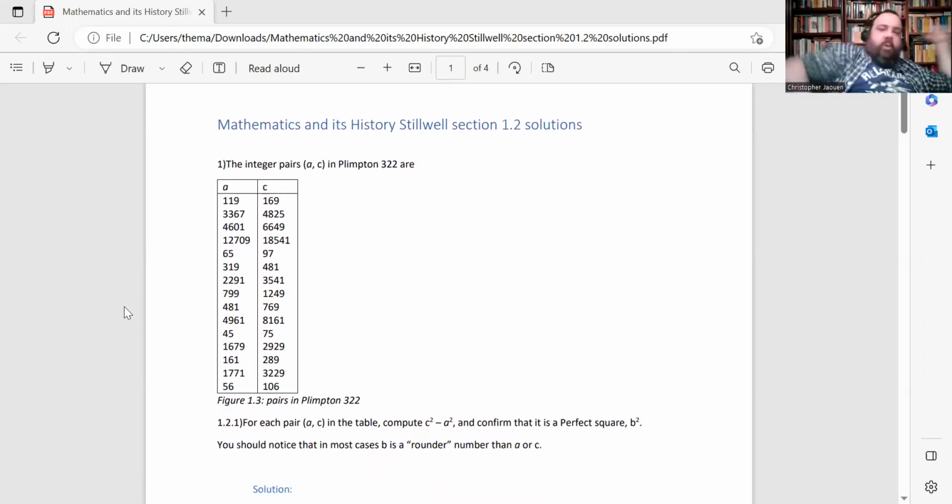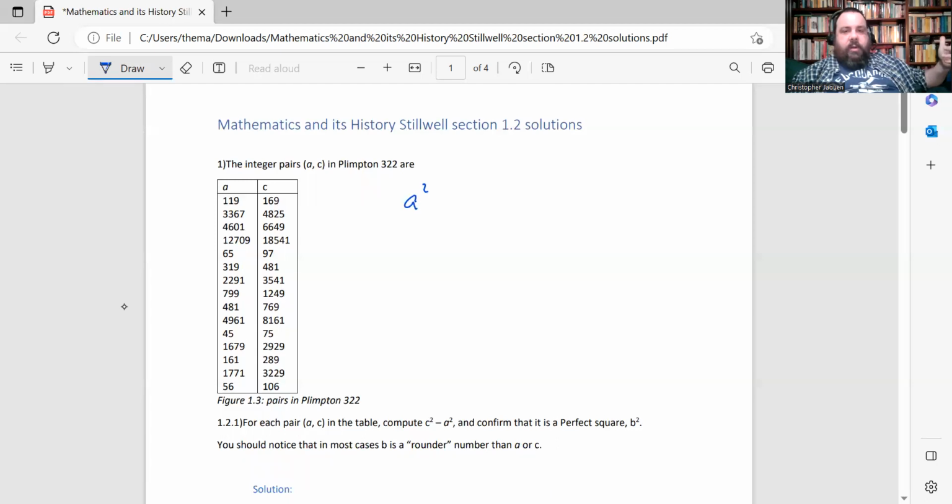So, question number 1 lists the integer pairs a, c in Plimpton 322, which we talked about in the chapter itself. The numbers a are in the first column, the numbers c are in the second column. Just to refresh your memory, this clay tablet purports to give solutions to the Pythagorean theorem, in other words, a squared plus b squared is equal to c squared.